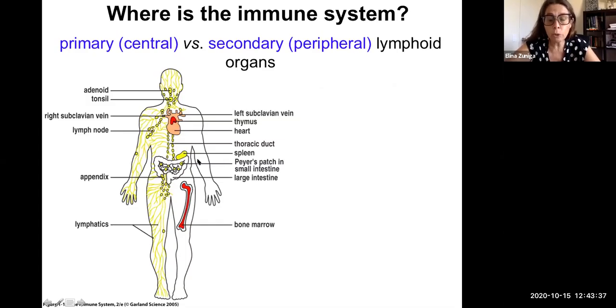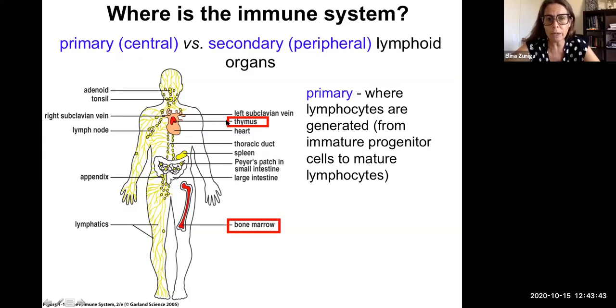Okay. So we learned that there are different types of lymphoid organs. The primary lymphoid organs are where the lymphocytes develop from the immature progenitor. So we know that B cells and T cells develop from the common lymphoid progenitor that is in the bone marrow. But these common lymphoid progenitors will also migrate to the thymus to give rise to T cells.